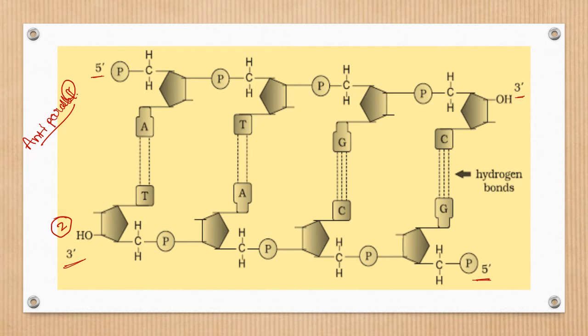Now again, the phosphate as well as the sugar molecule form the backbone of this double helix structure. And the nitrogen bases A, T, C, G: adenine, thymine, guanine, and cytosine are for one polynucleotide, and the opposite strand has thymine, adenine, cytosine, and guanine. These are all nitrogen bases of this nucleotide chain.